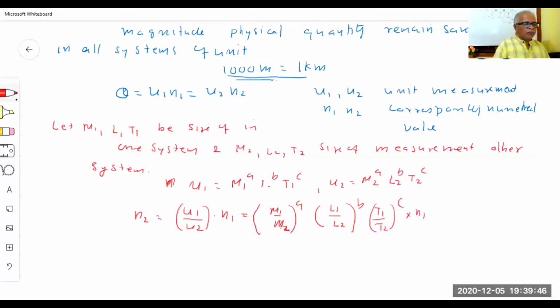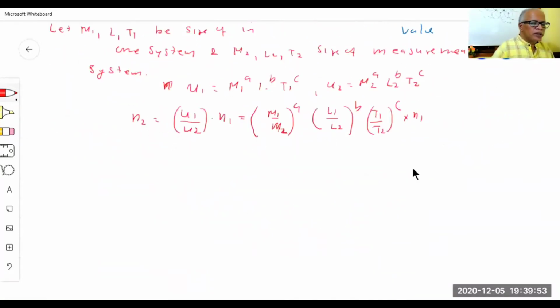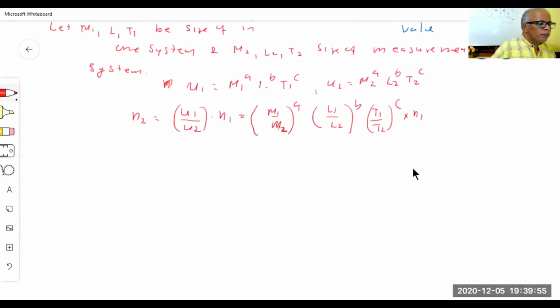So we will explain this concept by taking an example. Convert 1 joule into erg. A very simple example.